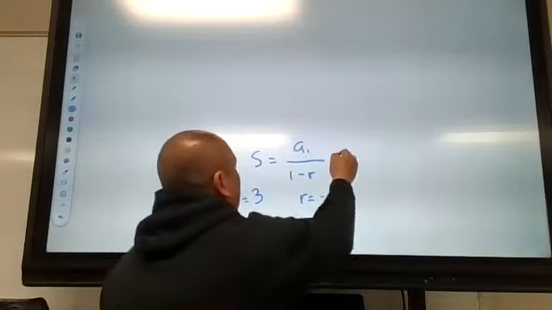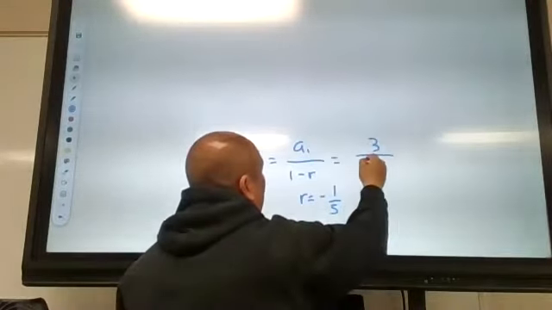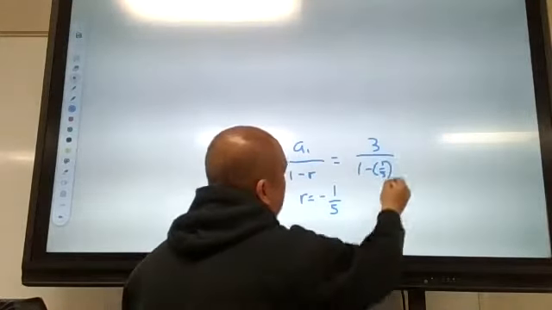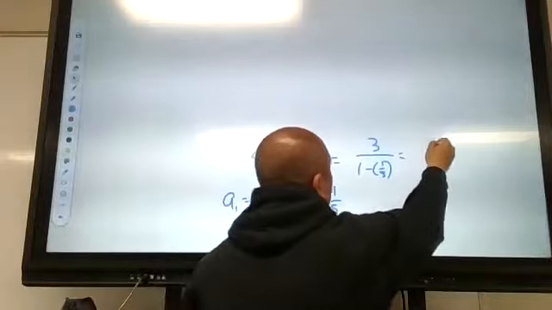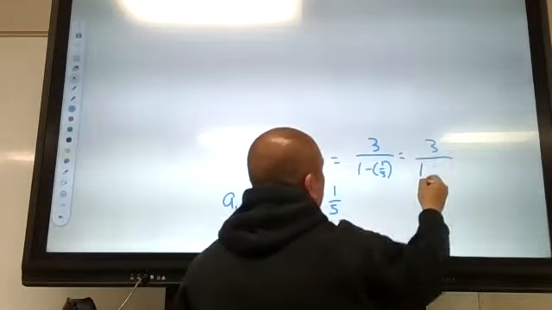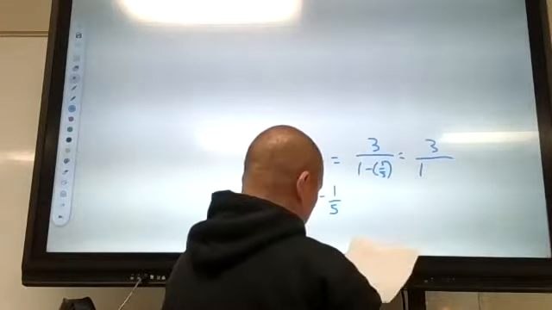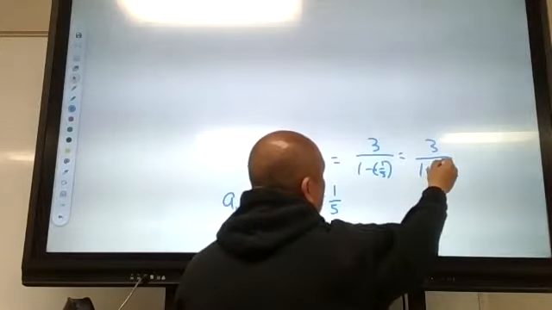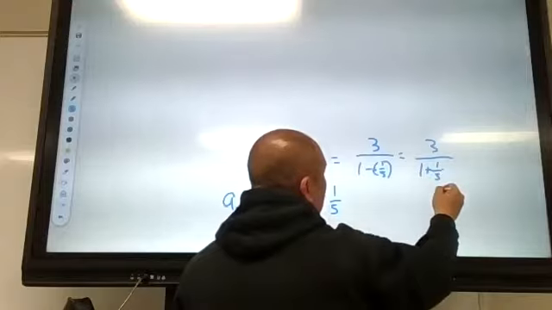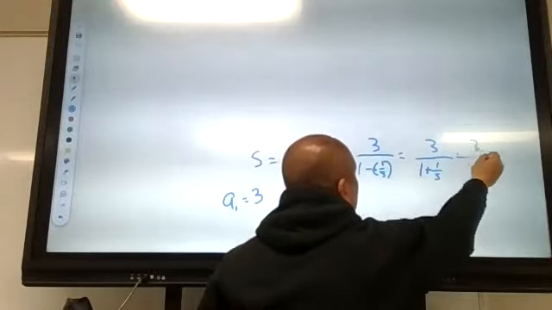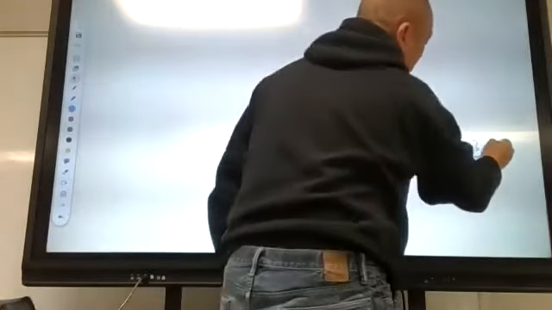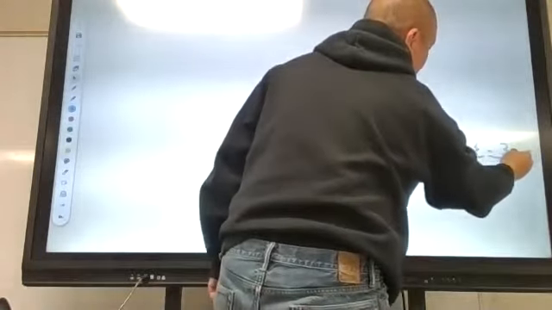So this equals 3 over 1 minus negative 1/5, so it'll be 1 plus 1/5, which is then equal to 3 over 1 and 1/5, which is equal to 3 over 6/5.